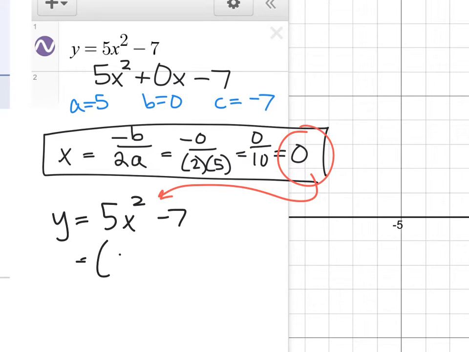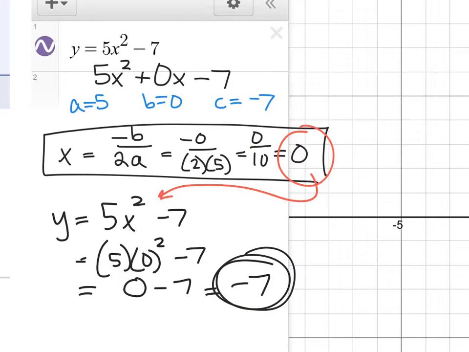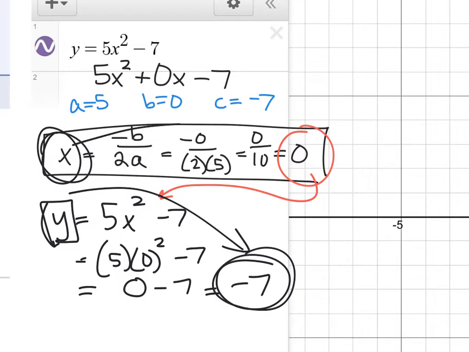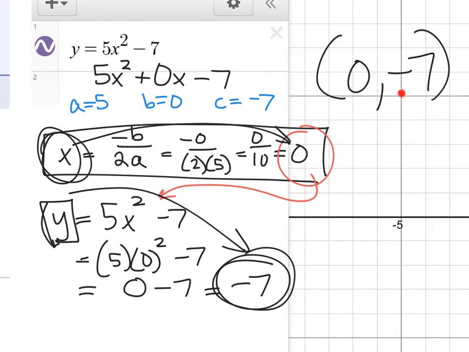So you get 5 times 0 squared minus 7. This is equal to 0 minus 7, which is equal to -7. So the y value is -7, and the x value is 0. So our vertex is 0, -7.